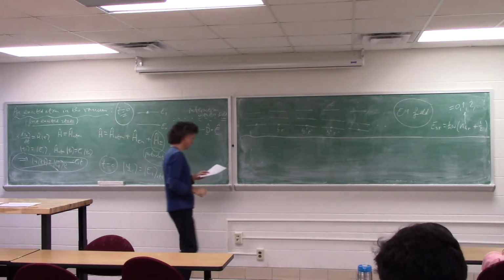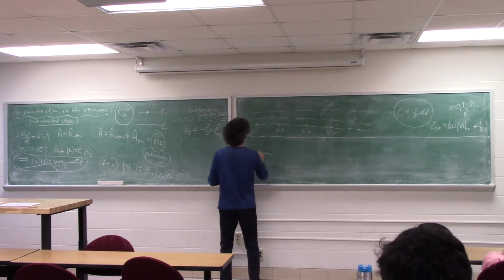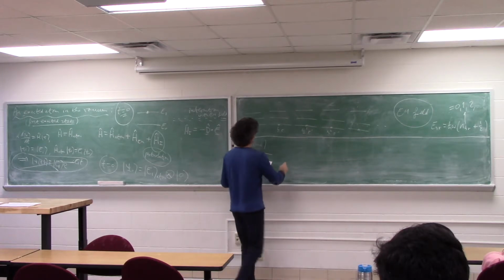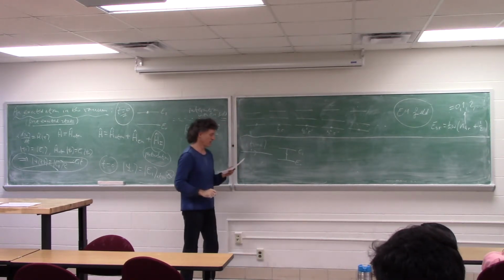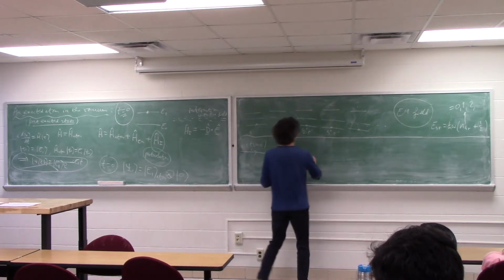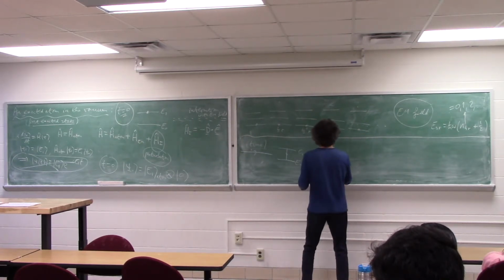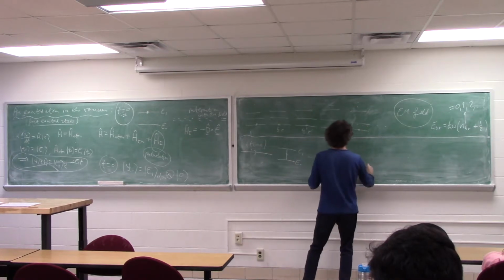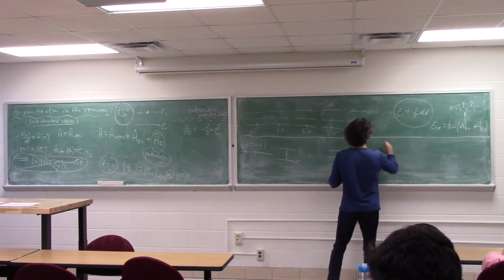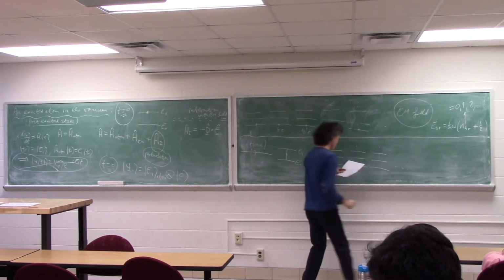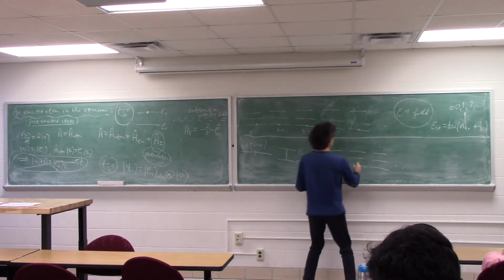What you find is that over time, this evolves into the following. The atom can make a transition down to its ground state, and for the electromagnetic field, one of the modes becomes excited.